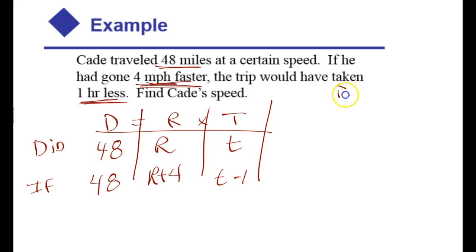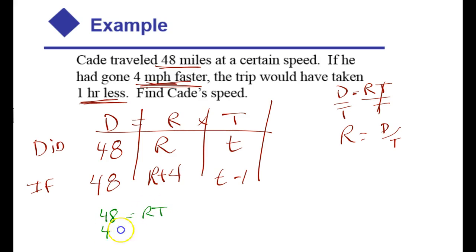So let's see. If distance equals rate times time, then if I divide through by time, the rate will equal distance divided by time. You don't have to do that method. I suppose we could just set the first equation, 48 is equal to rate times time.